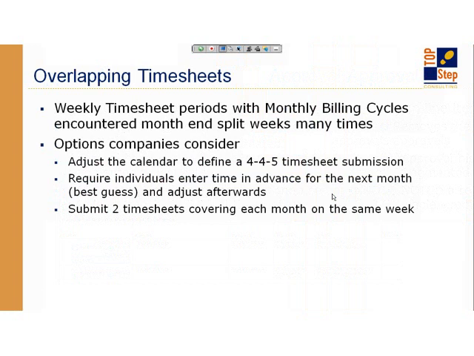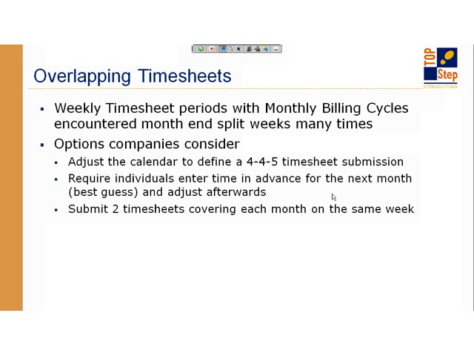So when you're in that situation and you're at a company that does monthly billing, there's a couple of solutions that companies come up with. They adjust their calendar to be a 4-4-5, which means they're doing everything on a 4-week, 4-week, 5-week basis, so they're not really paying attention to the month-end activities. They ask people to guesstimate how many hours they're working in advance for the next month and submit it.